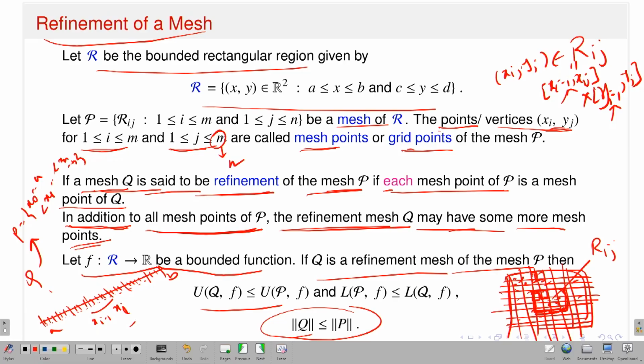So therefore, if I have a bounded function and a partition P, and I take a finer partition, my upper sum will decrease and my lower sum will increase. If I take finer and finer partitions, the upper sum decreases and the lower sum increases, and of course lower sum is less or equal to upper sum, because upper sum is associated with the supremum of the functional values f(x,y) running over the cell Rij, and lower sum is associated with the infimum of those values over that cell Rij, and of course infimum is less or equal to supremum.